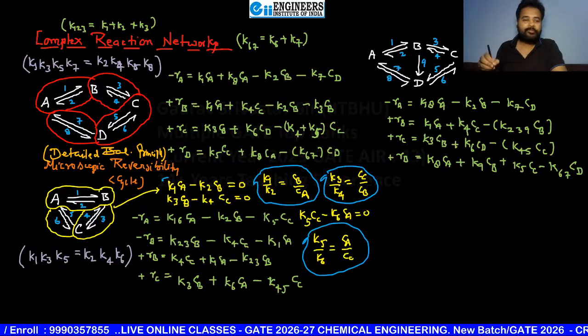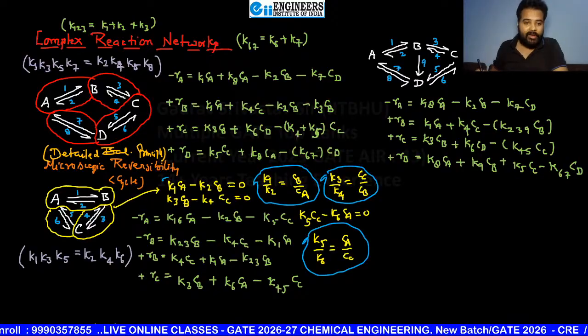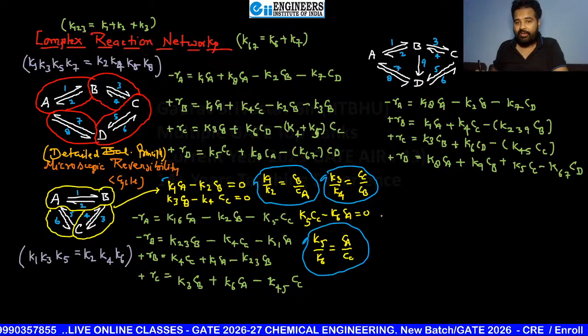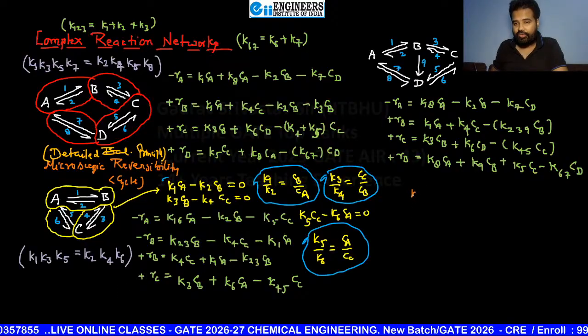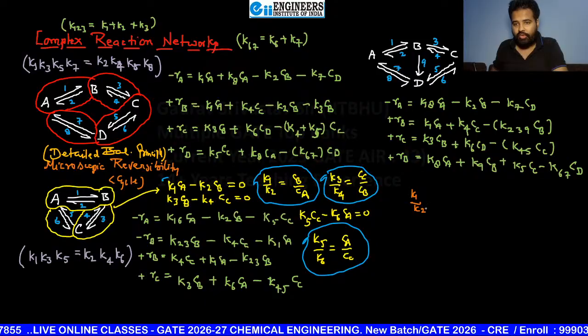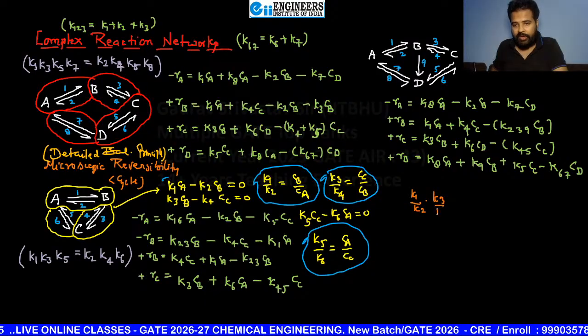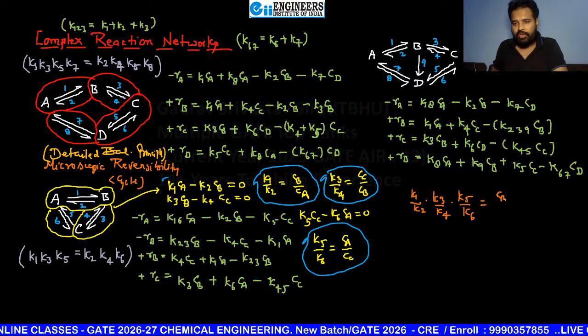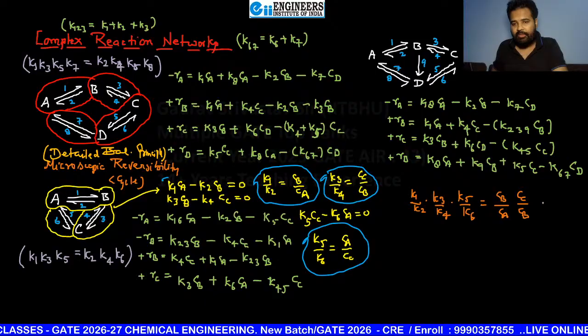Okay, crystal clear. Now, my dear students, if I multiply these three equations, it will be K1 by K2 into K3 by K4 into K5 by K6, and that becomes equal to CB by CA, CC by CB, CA by CC.